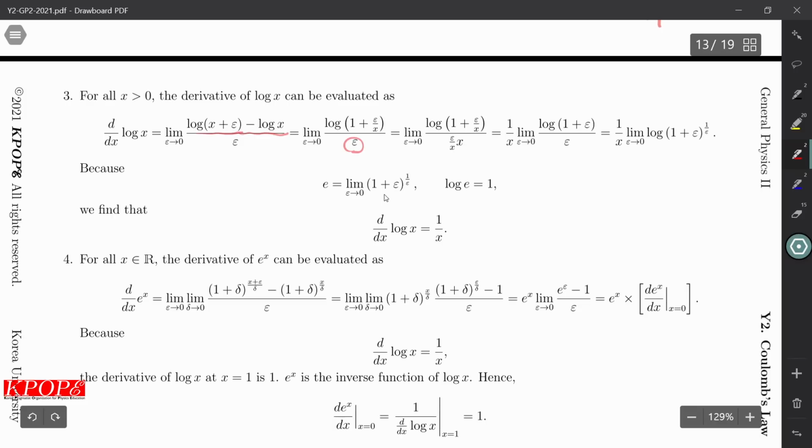And here this is epsilon, but we can use epsilon over x, and multiply by x. These two are the same.